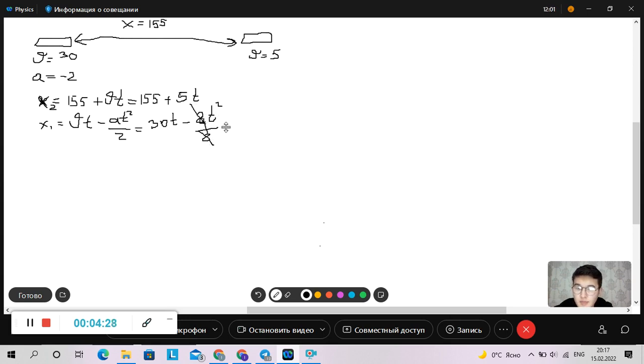I will simplify these two. x1 and x2 are the same, so 155 plus 5t is equal to 30t minus t squared.